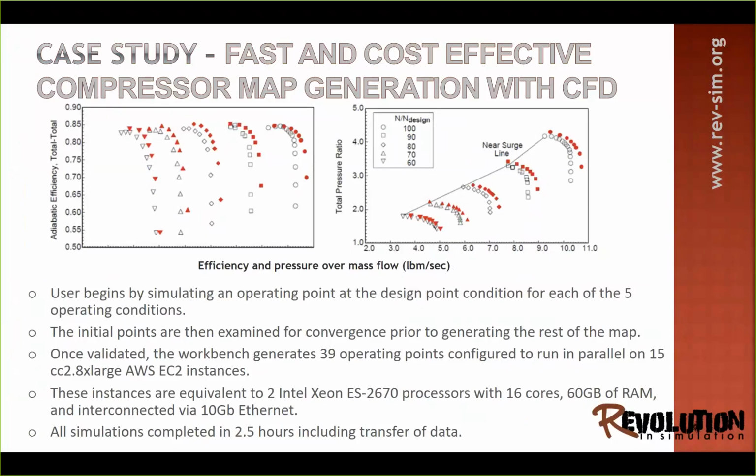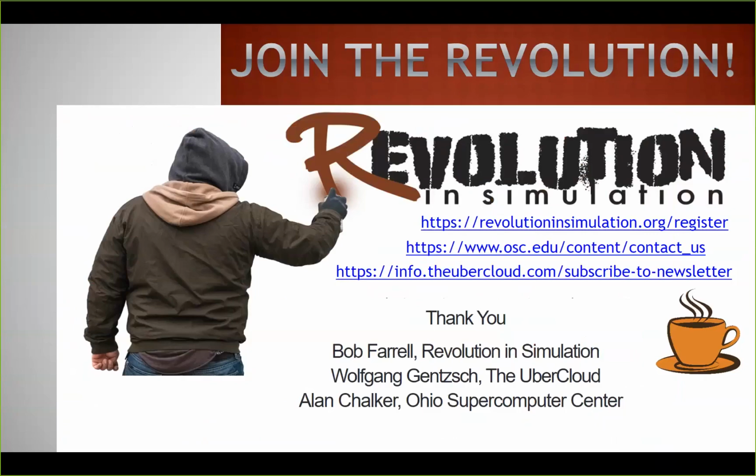Each of the instances is equipped with 2 Intel Xeon processors with 16 cores each, quite a bit of RAM, and a 10 gigabit Ethernet interconnect. The nice thing is all simulations completed within just a few hours. So again, as in many other similar case studies, the simulations in the cloud are much faster than what you can do at your desktop.